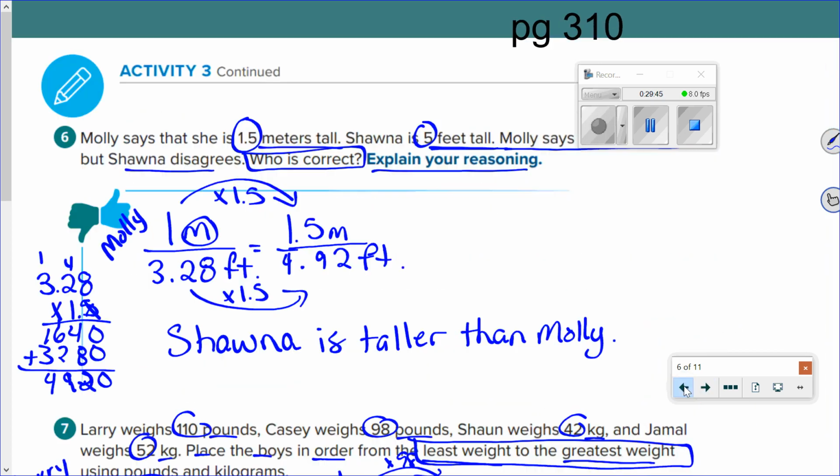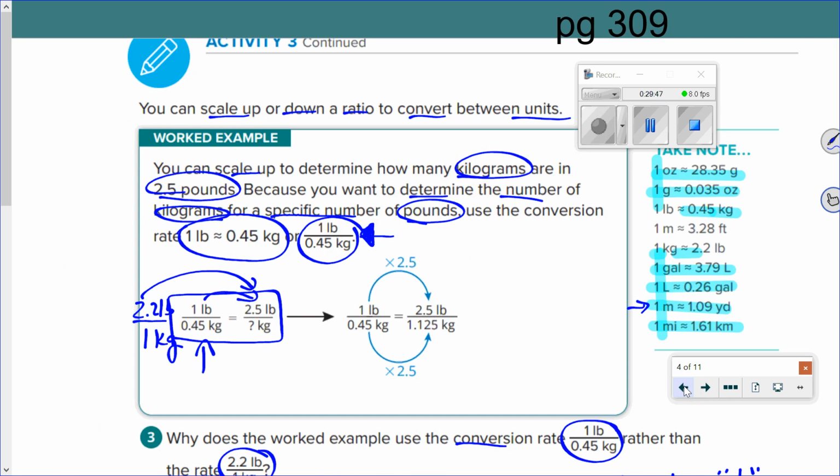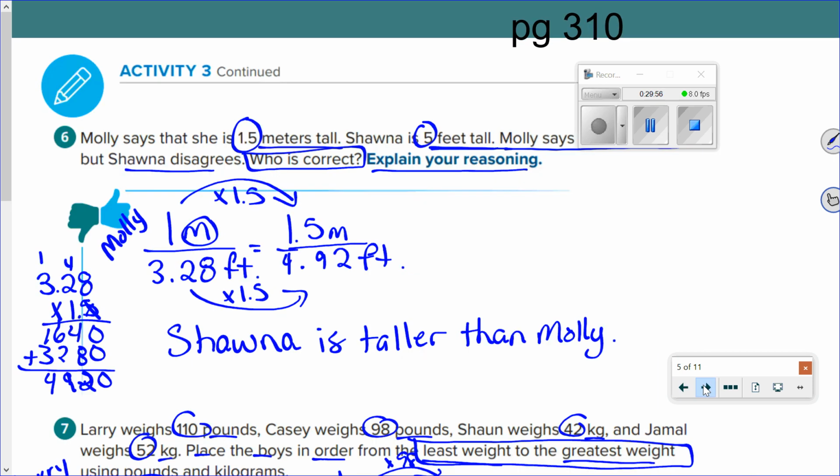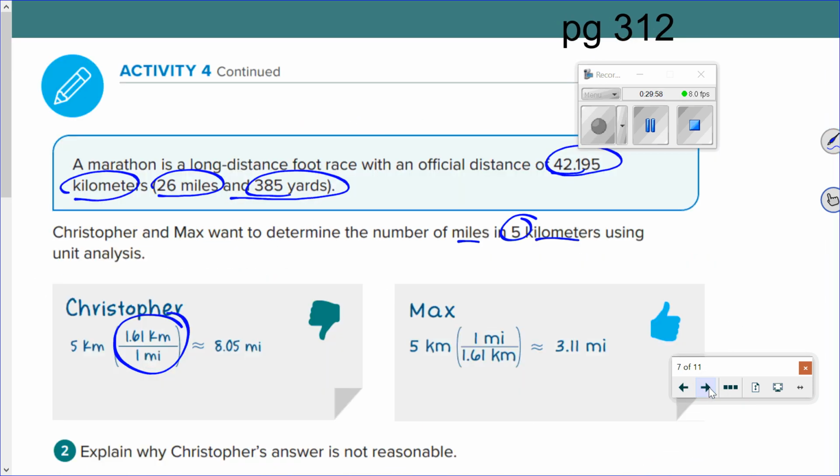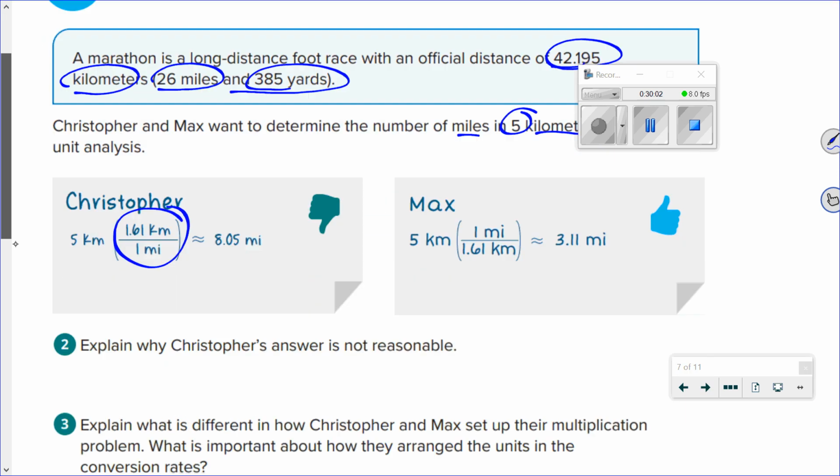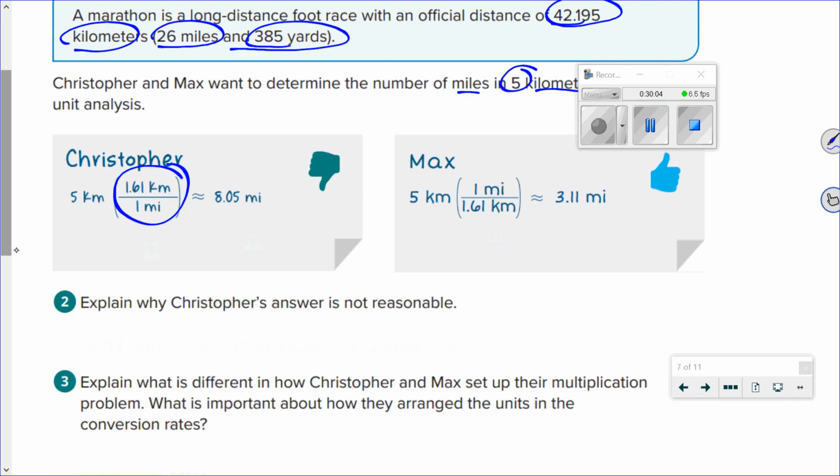So what's at the bottom? Right, but we need kilometers to miles, because they gave us 5 kilometers. We need to switch on the kilometer side to figure out the miles. I wish they had it in there. 1 mile.